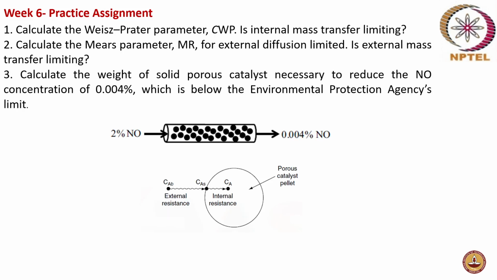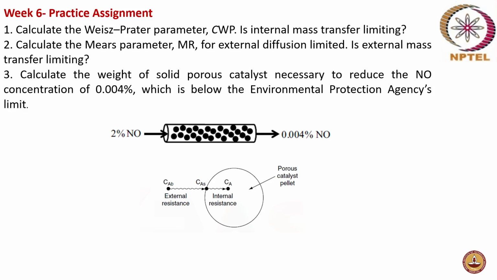Now, what are we supposed to calculate? We have to calculate the Weisz-Prater parameter, CWP, and then we have to check whether it is internal mass transfer limiting. And part 2 of the question is calculate the Mears parameter MR for external diffusion limited, and we have to check whether it is external mass transfer limiting reaction.